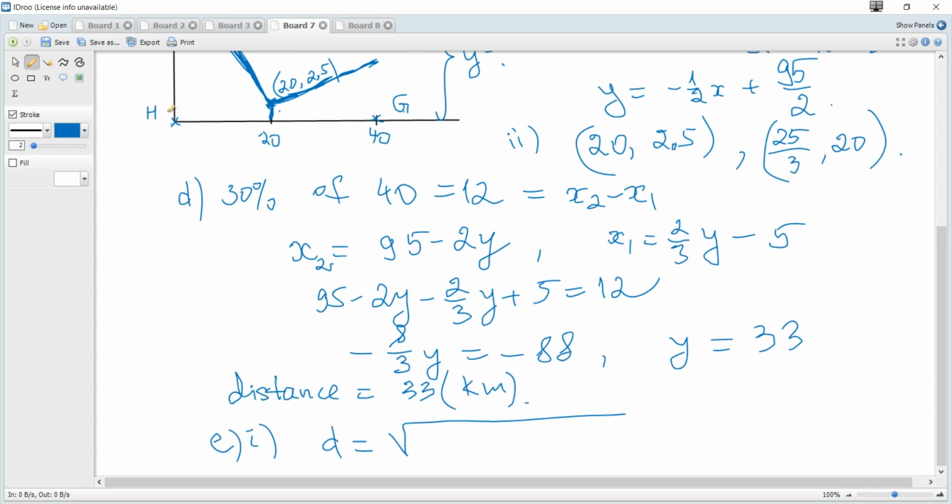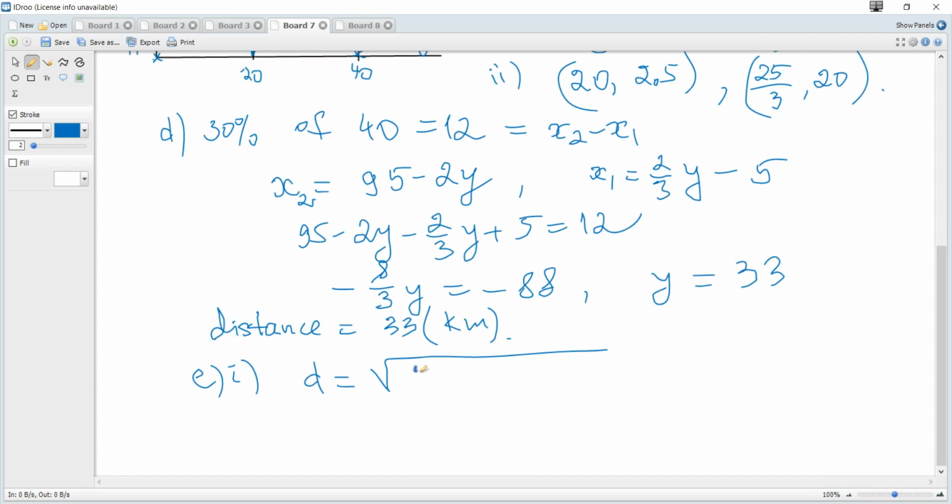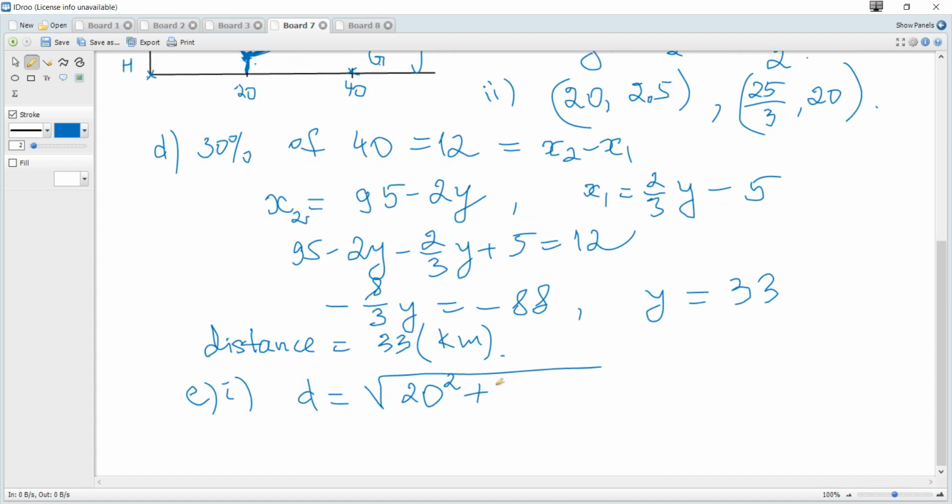So since H is 0, 0, it becomes just 20 squared plus 2.5 squared, and it's the root of 406.25.